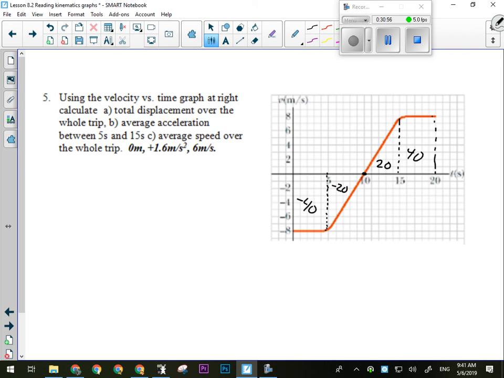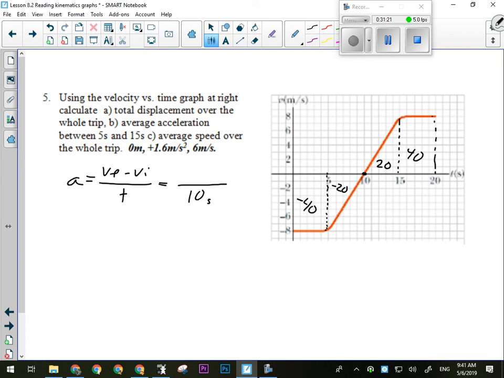If I did exactly the same thing above the line as I did below the line, then I've got to end up back where I started. Average acceleration between 5 and 15 seconds. So that's the diagonal part of this. Remember, our formula for acceleration is final velocity minus initial velocity divided by time. They told us that the time is 10 seconds, so I can write that in right now.